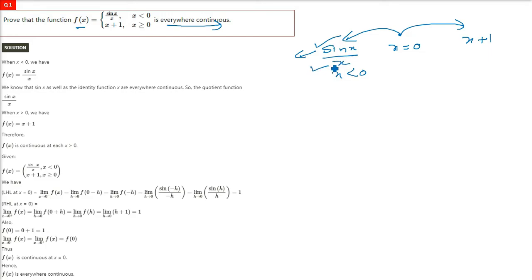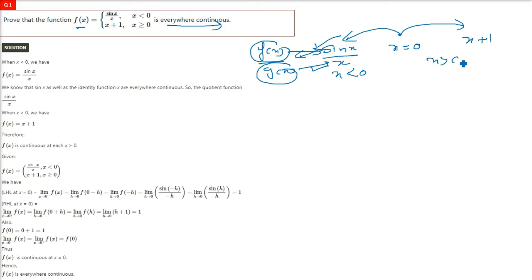For the division, you can call the numerator f(x) and the denominator g(x). So f(x) by g(x), if g(x) is not equal to 0, then it is continuous, as f(x) and g(x) both are continuous. This is what you have to write. You can call it a quotient function because it is of the form f by g.